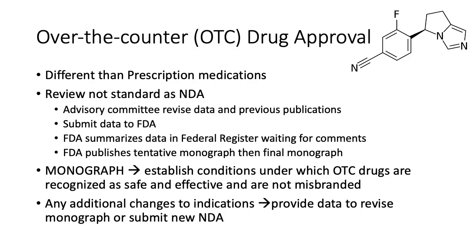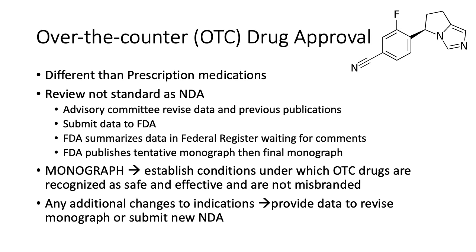Now, for the approval process of the over-the-counter drug, or OTC, those are drugs that are sold without a prescription. Their process of application, the new drug application, is different. The application is first submitted and it reaches an advisory committee, which revises data provided by the manufacturing company and any publication related to that drug.